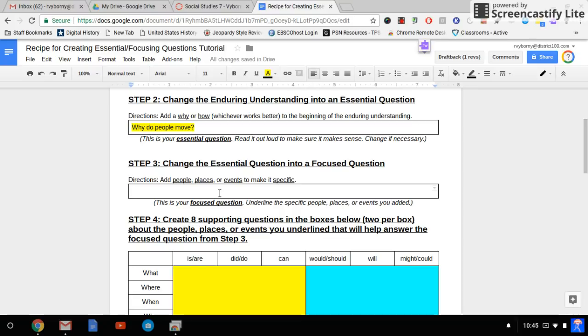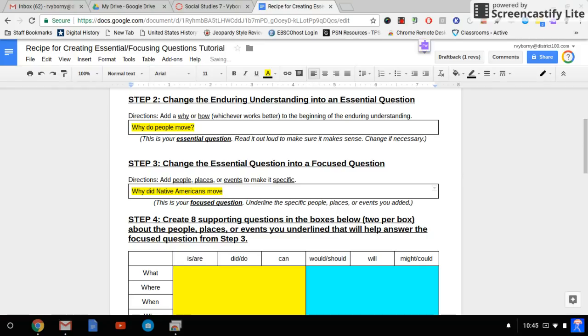Let's start by keeping the why. And instead of saying do, we're going to say did, because this is past. The people that we're talking about who moved? Well, Native Americans moved. So why did Native Americans move?